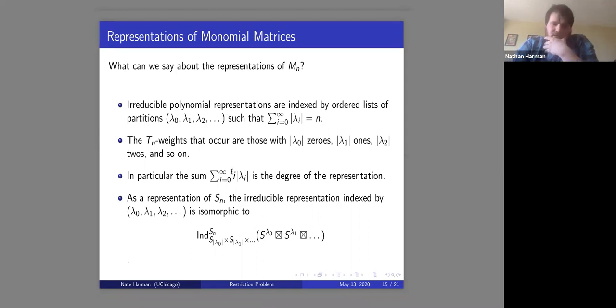I wrote down what it is as a representation of Sn. It's this induced module. But before we do this induction, my torus is acting, or I have a smaller torus acting, trivially on this part, with a degree 1 map on this part, with a degree 2 map on the S lambda 2 part, and so on. So these different partitions are happening in different degrees.